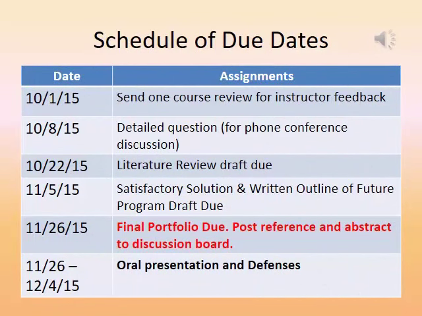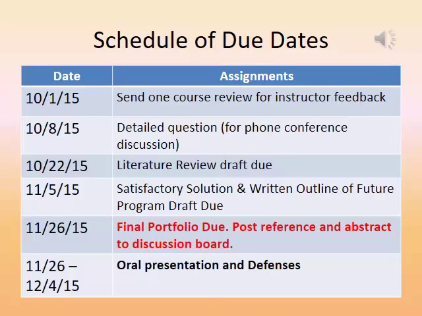All of the due dates from October 1st, 2015 until November 19th, 2015 are for you to submit the sections of the portfolio for instructor feedback. This is to let you know you are on the correct track and what you need to improve on.